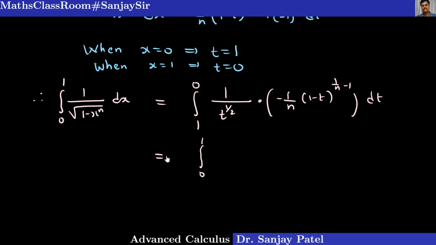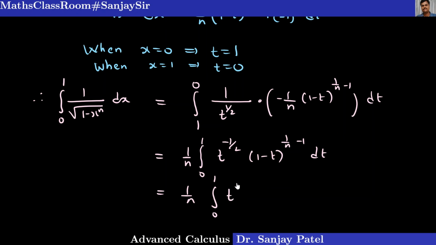This is equal to integral 0 to 1. 1 upon n I can write outside, which is a constant. This is t raised to minus 1 by 2 into 1 minus t raised to 1 upon n minus 1 into dt. This can be written as 1 upon n integral 0 to 1, minus 1 by 2 I can express as 1 by 2 minus 1.